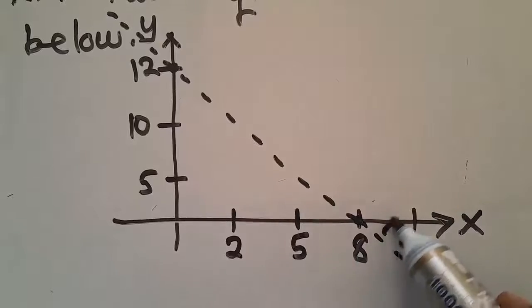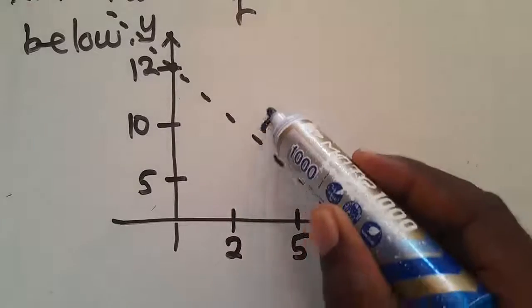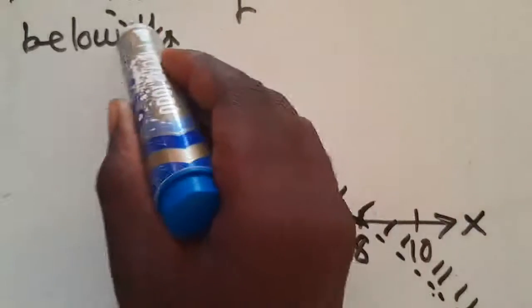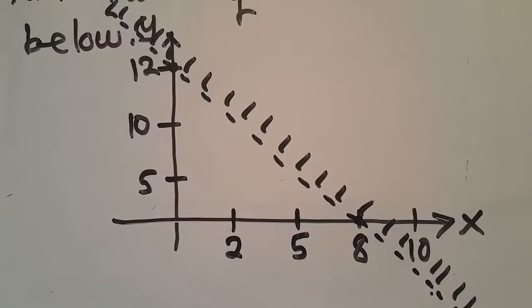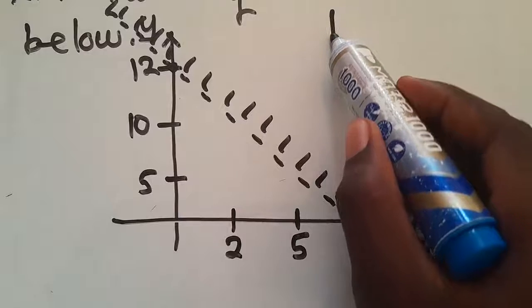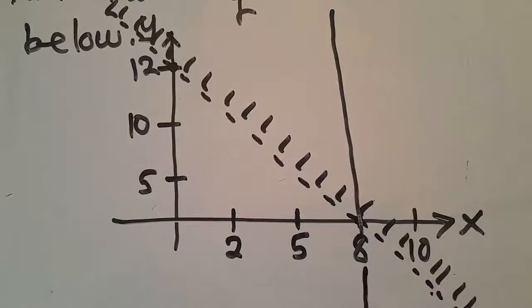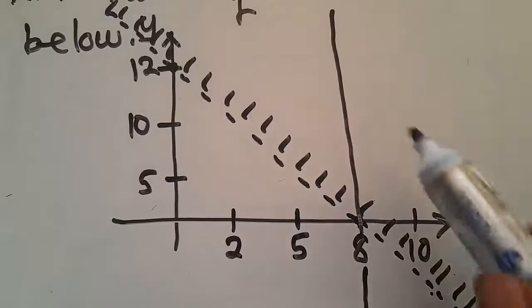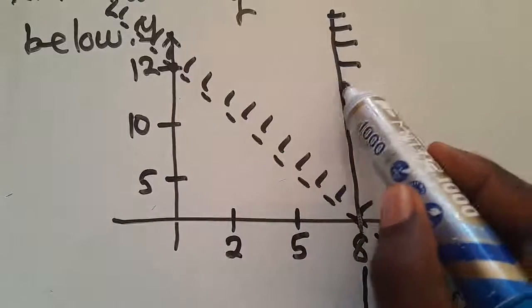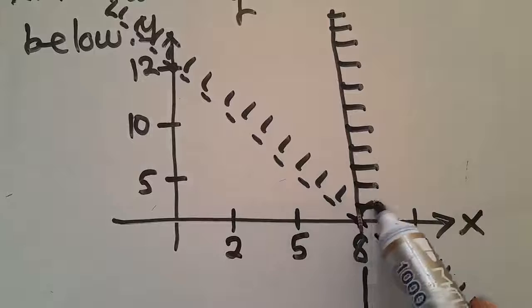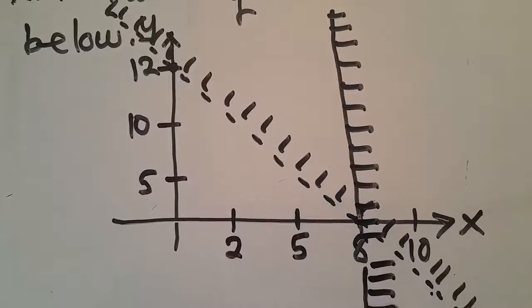Like this, we do something like that. Then this another one, it will be here. So I'm going to do this. This is passing through here. The part which is shaded is this part. This is how you're going to be finding questions in your exams. Have you seen?